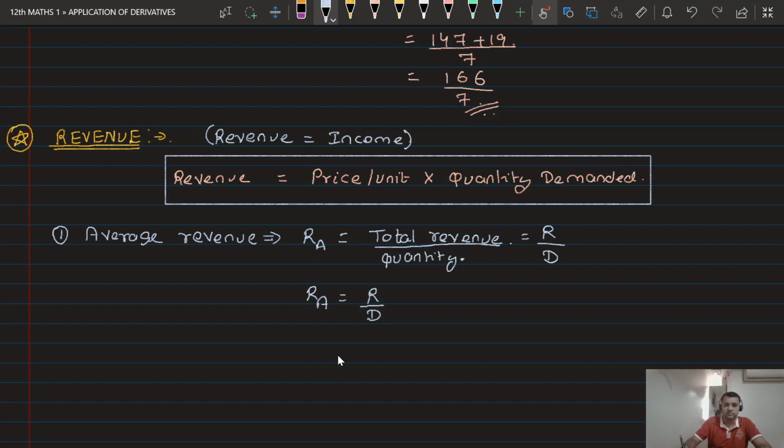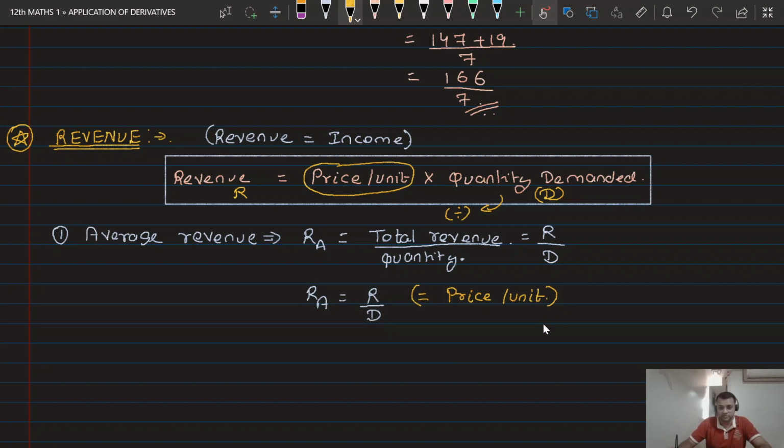Now guys, if you see one thing very carefully, this is my total revenue, this is my quantity demanded. If I take R divided by D, this gets opposite side in the division, so I am left out with price per unit. So actually I can say that the average revenue is exactly equal to price per unit of the commodity that is under consideration over here.